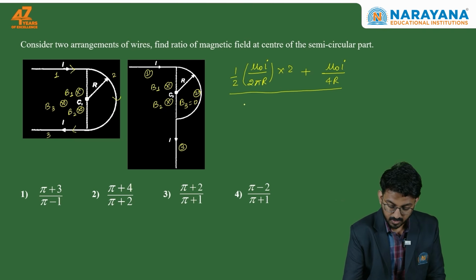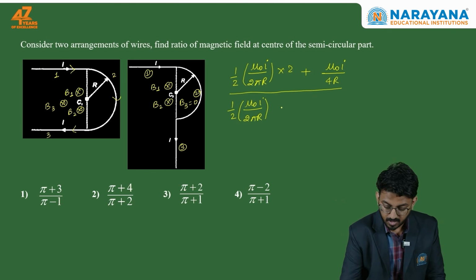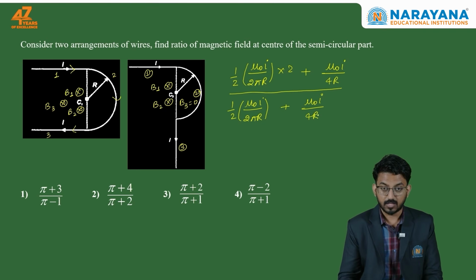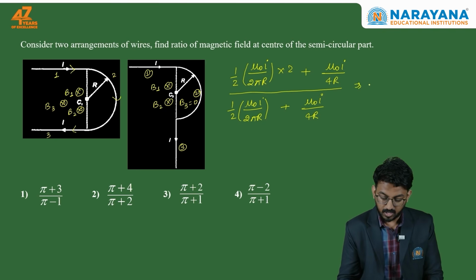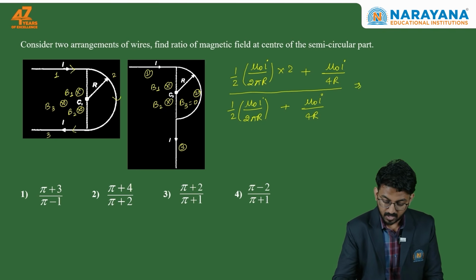Going further, for this one straight wire, mu naught I divided by 2 pi r, half of that, and only half because we have only half the wire, plus mu naught I by 4r, like that. So simplifying that, you can see mu naught I by 4r we can cancel directly.